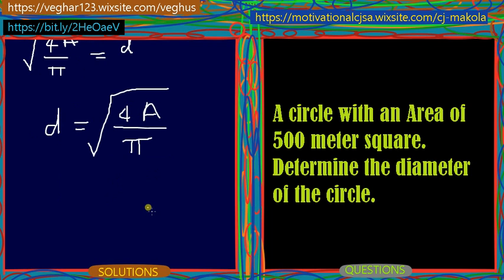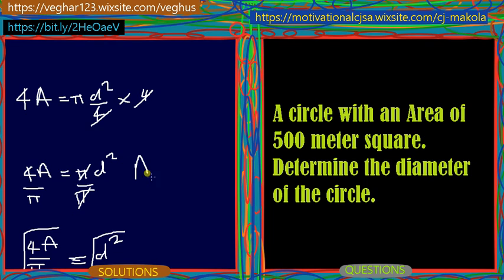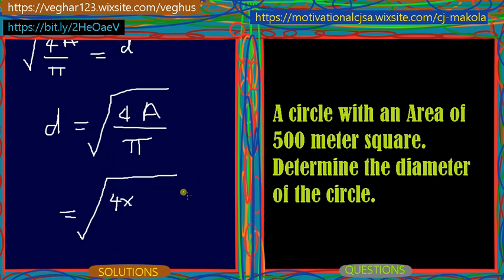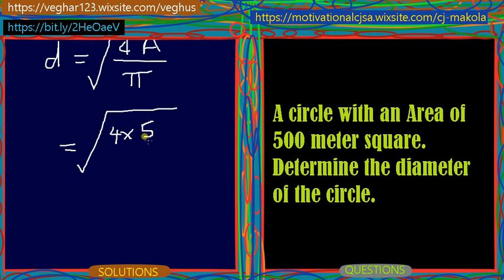So now we can substitute the values that are given. We have 500 meters square. We substitute where there's a. This means area is equal to 500 meters square, and then you put 500 here, 4 times 500 divided by pi.